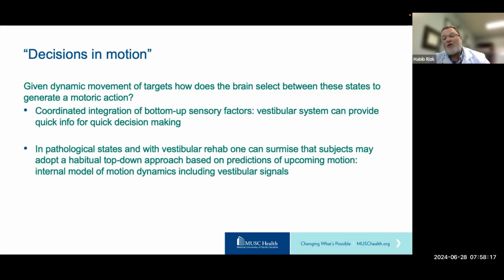And while in the normal human being, we coordinate our multisensory perception from the bottom up, where the vestibular system is so quick that it provides us quick info for quick decision making, in a pathological state, the compensation that happens, especially with vestibular rehab, helps us adopt a top-down approach where we are using other systems to predict our upcoming motion. And the vestibular system is kind of becoming a bystander in this situation.